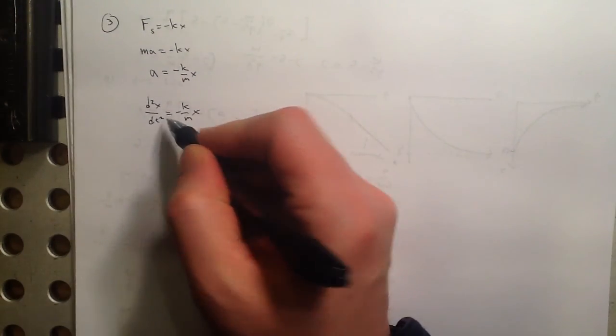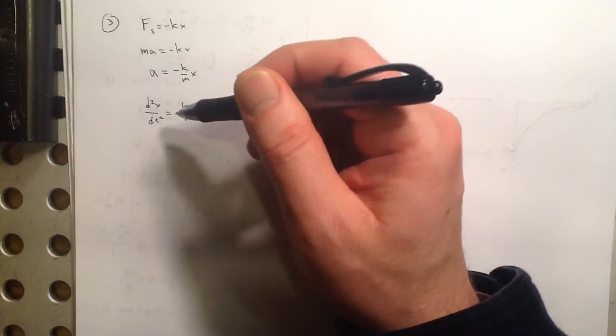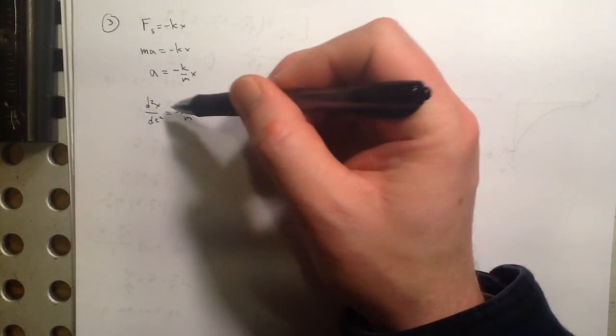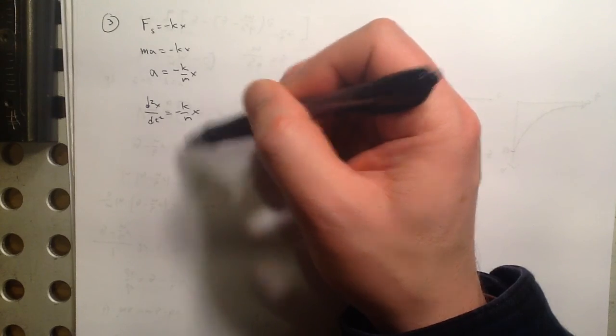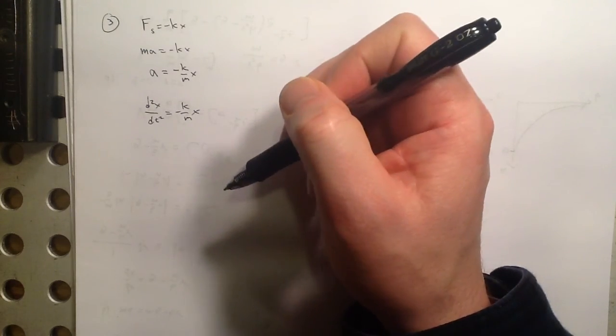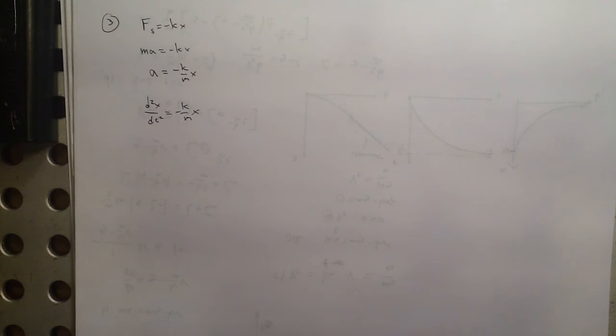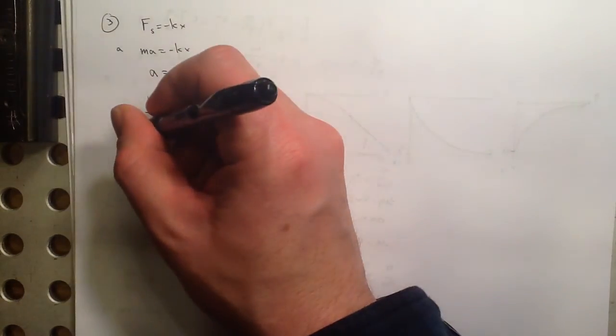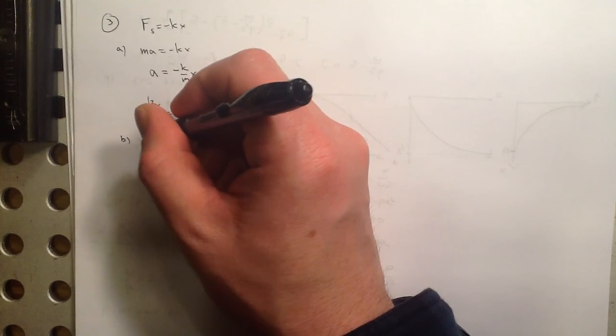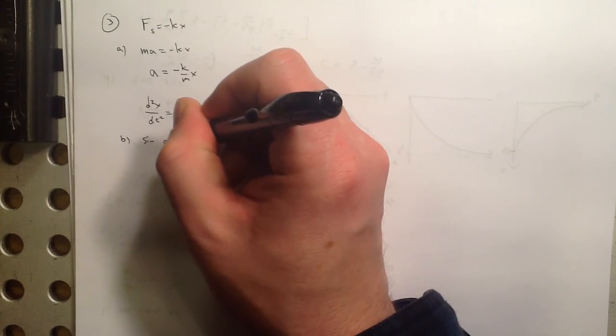And then I think I suggested to you, what kind of function is there whose second derivative is basically the same as what you started with, but with a negative multiple of itself? And that kind of function is a sine function or a cosine function. So this is part A. Part B, a sine or cosine.